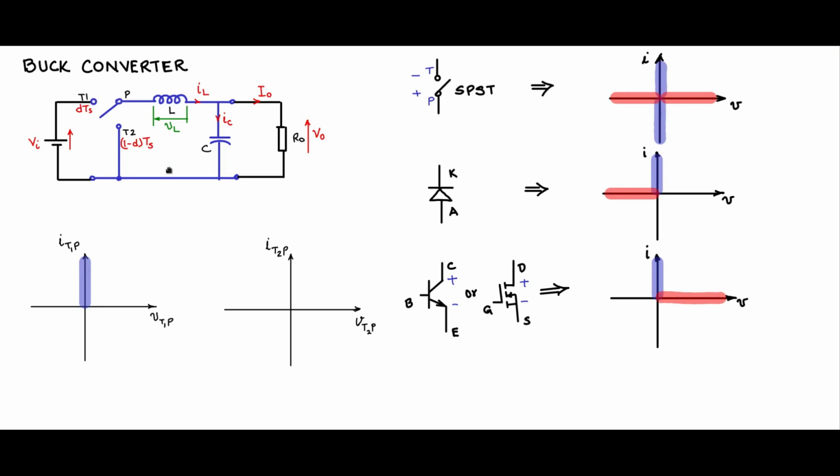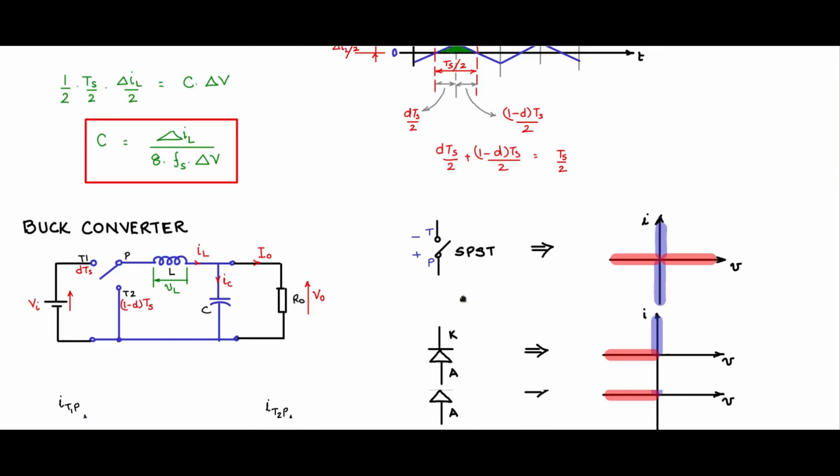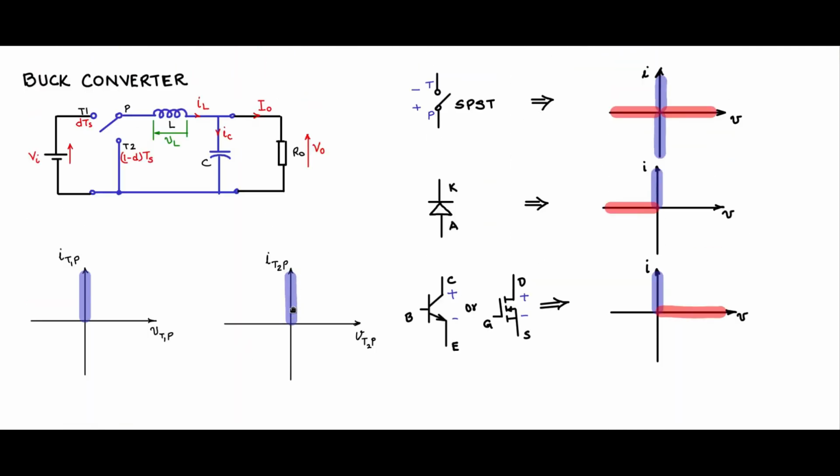Likewise, the current through the throw to pole, T2 to P, is always positive. Observe that T2 to P, the current flow is always positive. So here too, you will see that the possible potential operating points lie on the positive current axis.